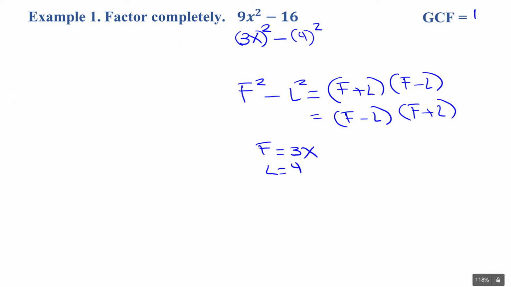Now we're just going to apply this formula with 3x used instead of f and 4 used instead of l. So we end up with 3x plus 4 times 3x minus 4. And that's as simple as these are.